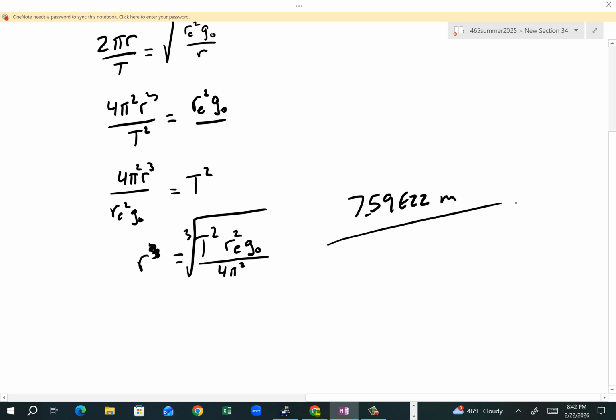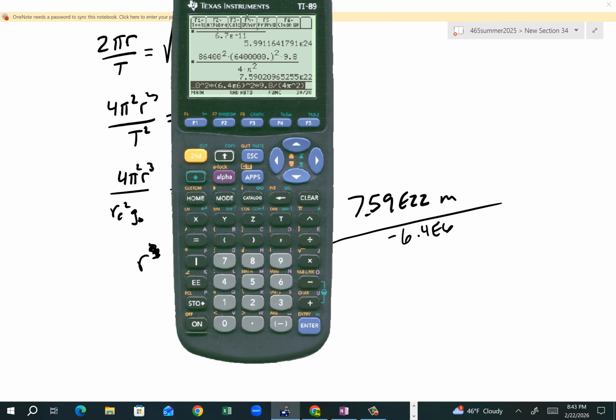That's not it, sir. Because it turns out it's quite a ways to the center of the Earth, yes? So we need to subtract from that 6.4 E6 meters. And that's 64 E5.